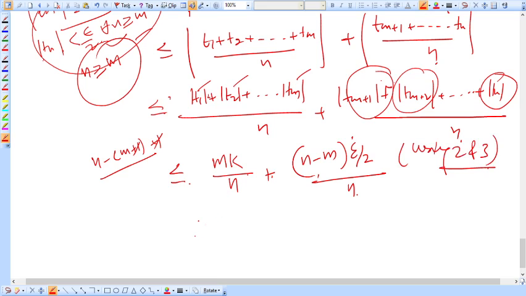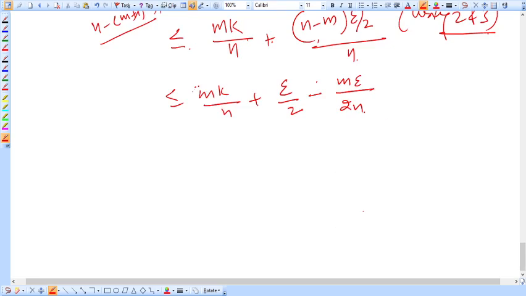Next, simplifying this we get epsilon by 2, n cancels with n, minus me by 2n. If we drop the minus term, it would be even greater, so we will have mk over n plus epsilon by 2.